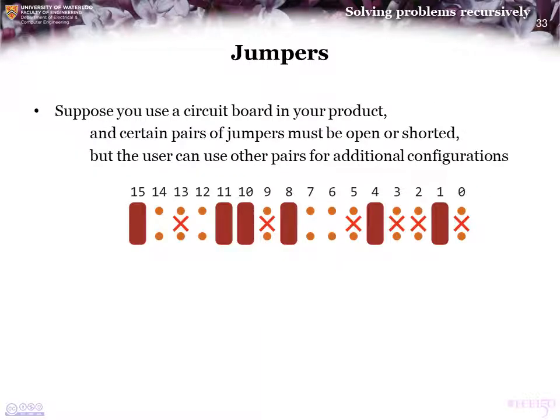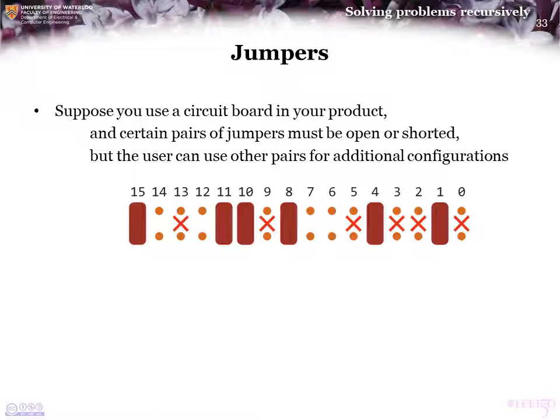Now, suppose you are providing or selling a circuit board in your product, and this product is being made available to consumers. Now, your particular application using the circuit board may require that certain pairs of jumpers must be opened and other pairs must be closed, but there are additional pairs of jumper pins that may optionally be open or shorted by the user of the product for additional configurations.